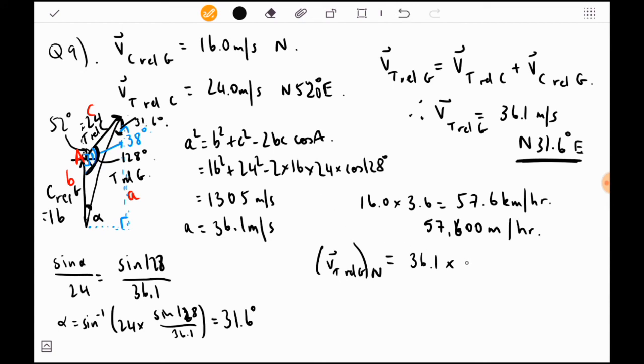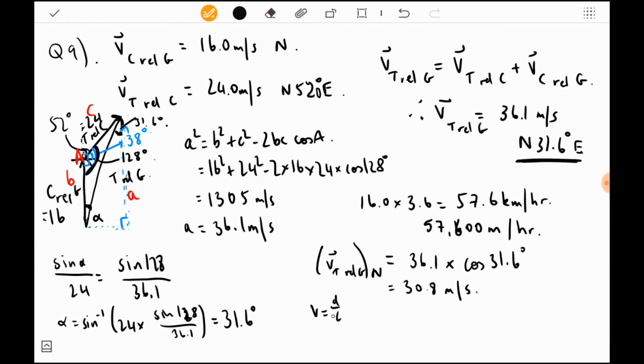So that's 36.1 times the cosine of 31.6 degrees, which is equal to 30.8 meters per second. North, of course, because we're just talking about the northern component. So now we know how fast the truck is going north. We know how far it has to go, so finding the time is simple.